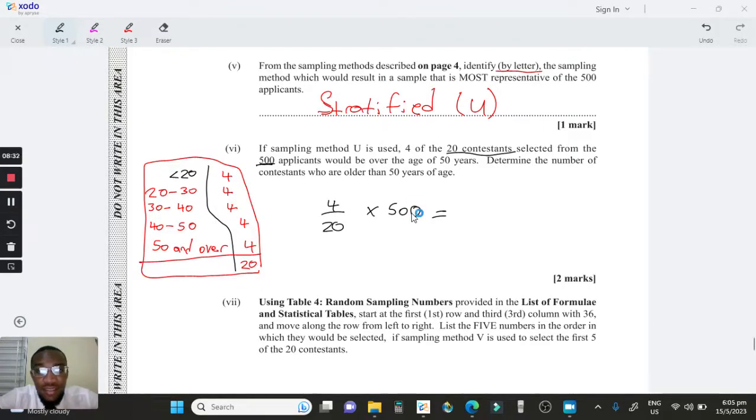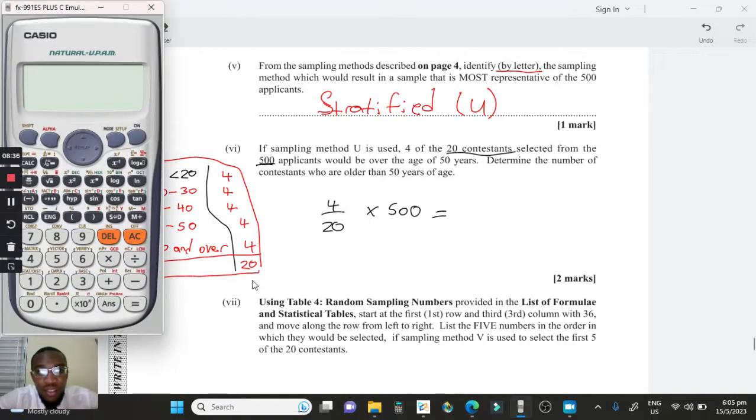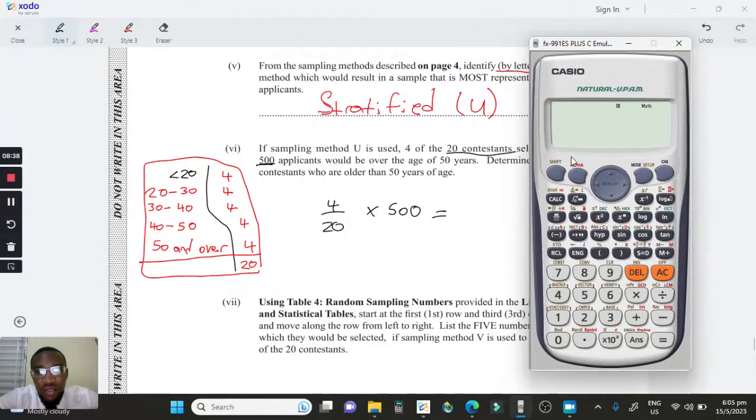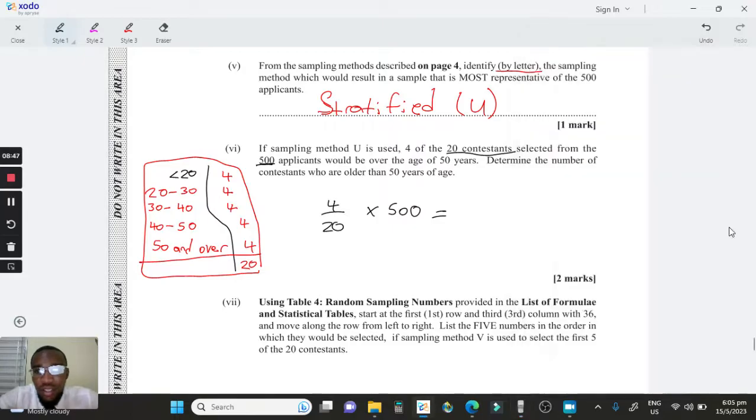Out of all the 500 applicants, we want to find out how many women are over 50. So we take out the calculator, 4 over 20 multiplied by 500. Nothing big, and that's 100.